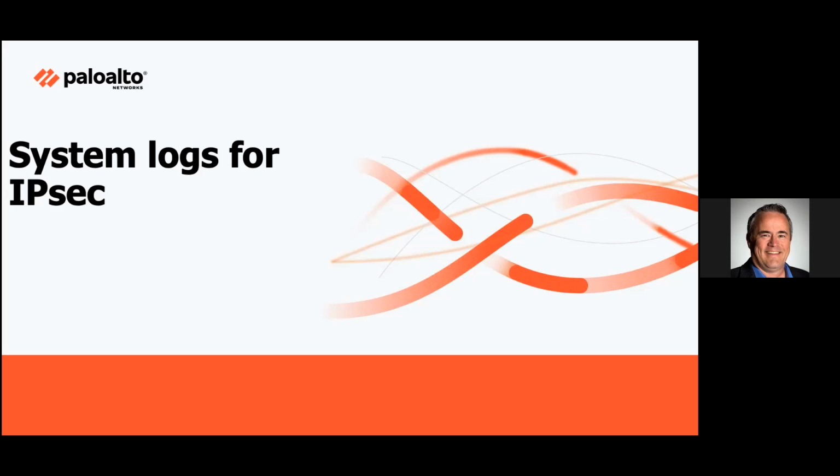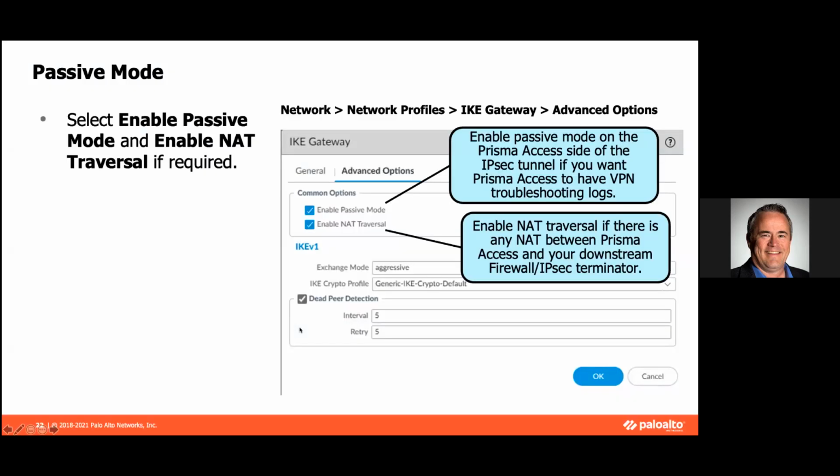Within our templates, and as you add remote networks or service connections, things like that, we are going to have pre-configured IKE gateway settings and templates for your remote networks or your service connections, as well as IPsec tunnel settings.